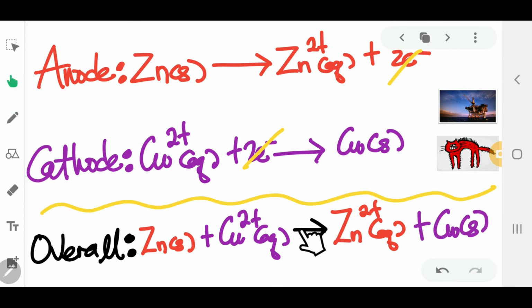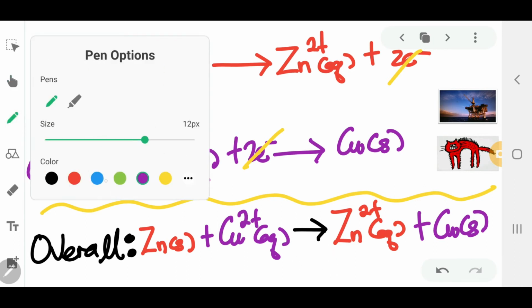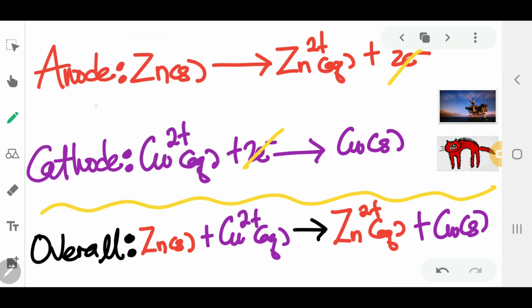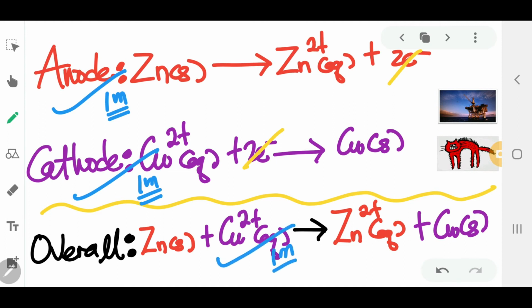So this is how you write the overall cell reaction. In terms of marking, by writing the correct half-cell for the anode, you'll get 1 mark, the cathode 1 mark, and the correct overall cell reaction, you're going to get another 1 mark.